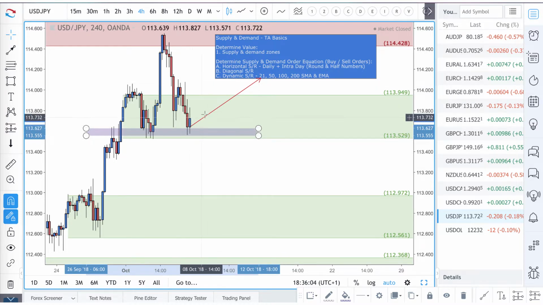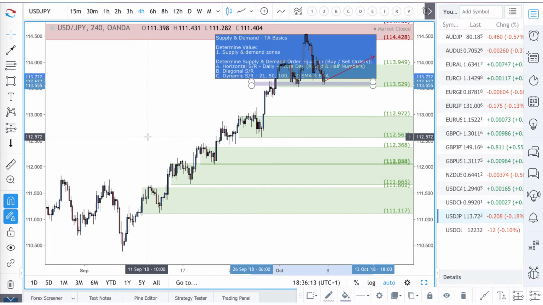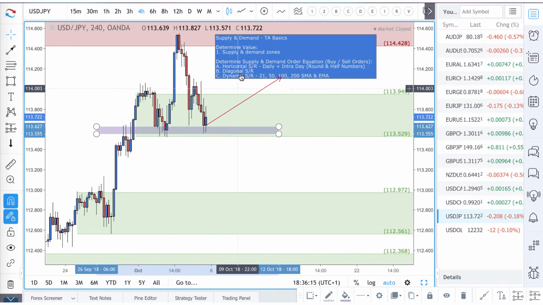So you've got traders that are going to be looking to enter on support and resistance within this value area of demand here, and then you would do the same thing with finding diagonal support and resistance in this area if there is any, and some dynamic support and resistance, the 21, 50, 100 and 200 EMA and SMA on the daily, by the way, and not the intraday time frame charts.